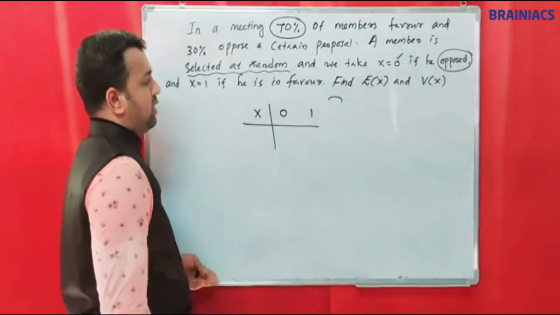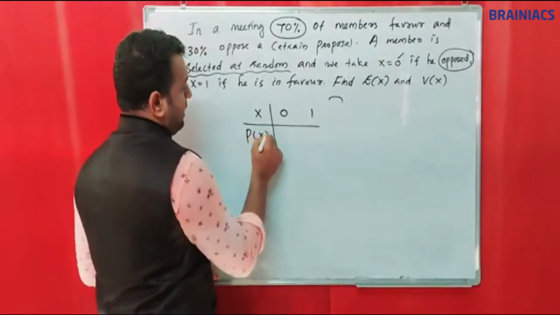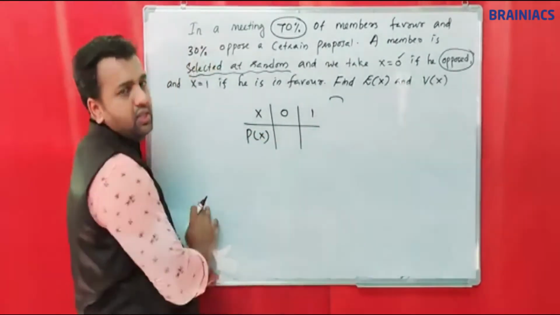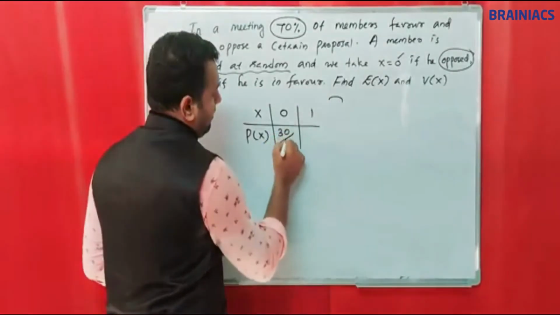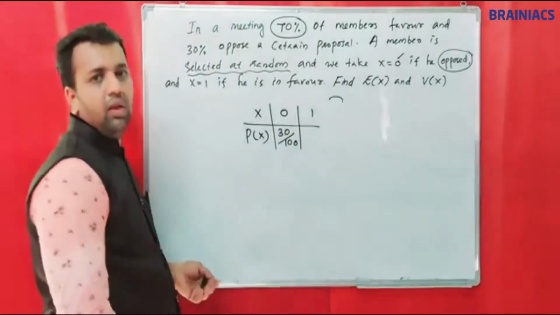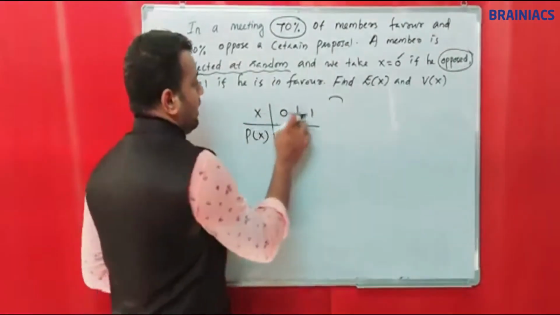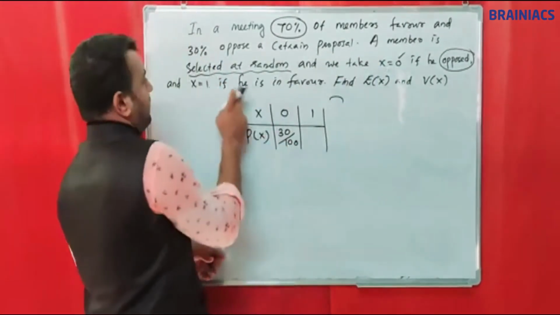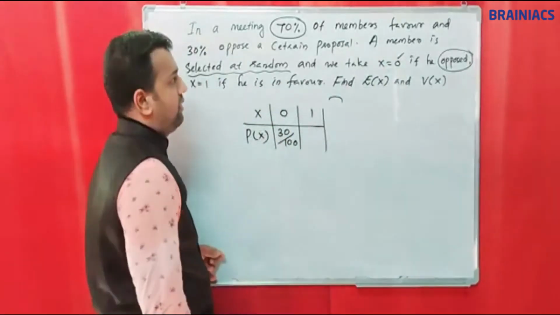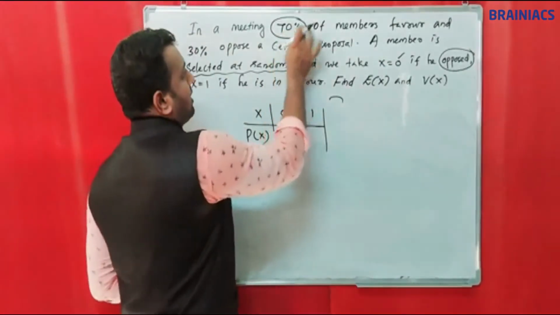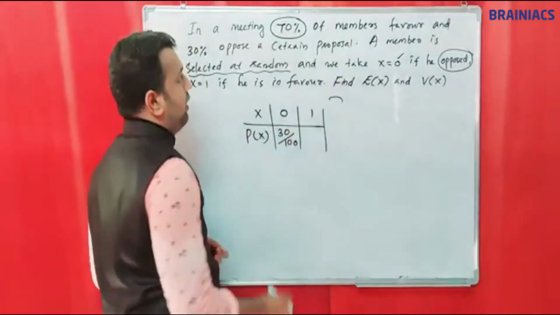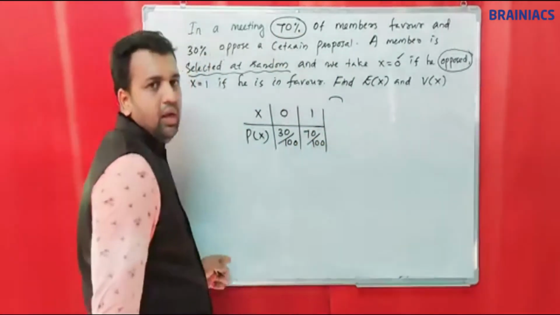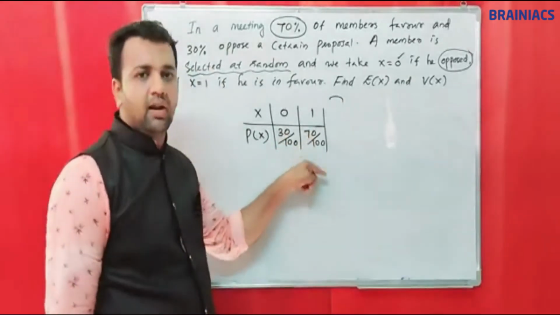So for x equal to 0 we get the probability 30%, which means 30 by 100. And x equal to 1 is the favor condition. So 70% members favor, so the probability of x equal to 1 is 70 by 100. Sum of total probability, 100 by 100, is 1.